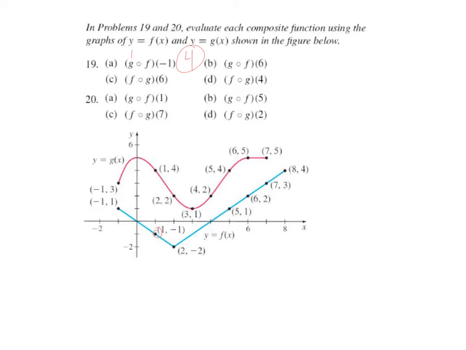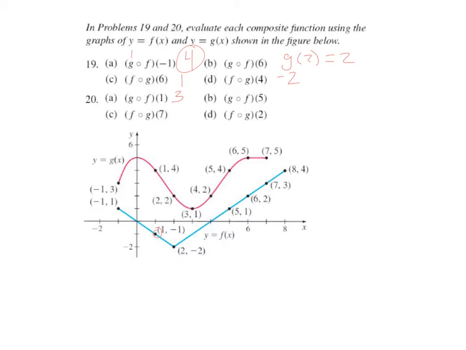That's the answer. f of 6 is 2, g of 2 is 2. g of 6, that's the red one, is 5, f of 5 is 1. g of 4 is 2, f of 2 is -2. f of 1, that's the blue one again, right? Yeah, -1, g of -1 is 3.